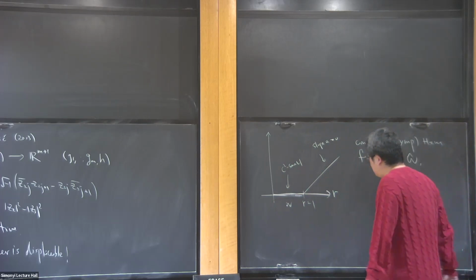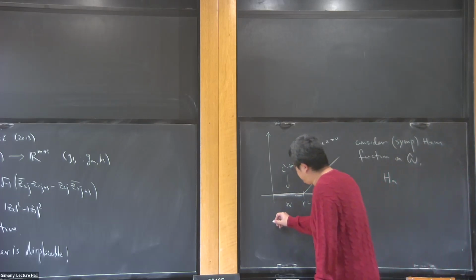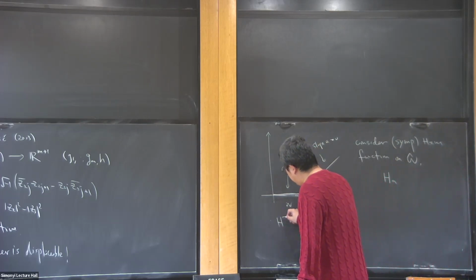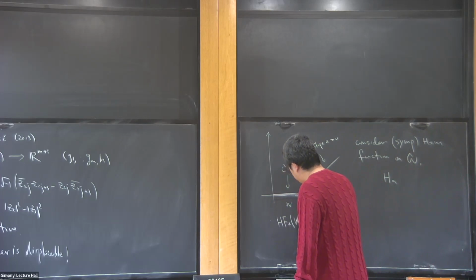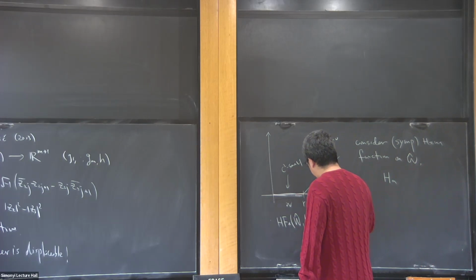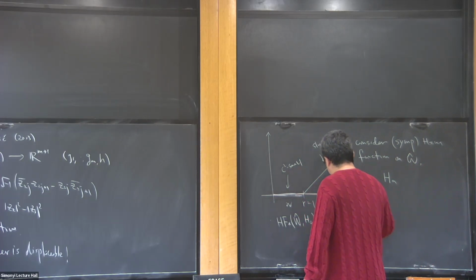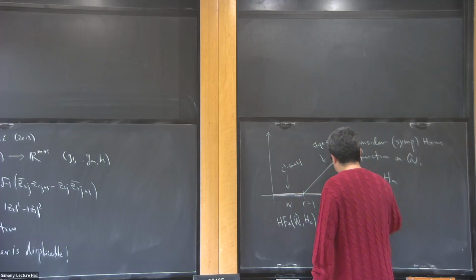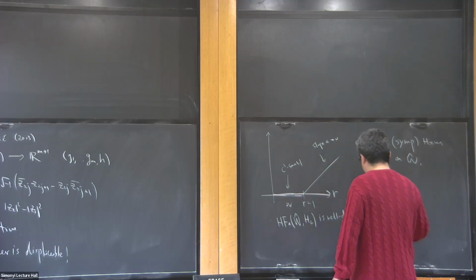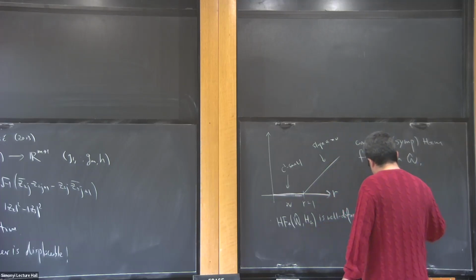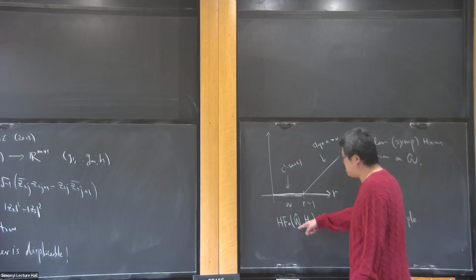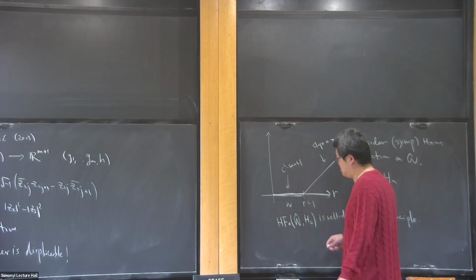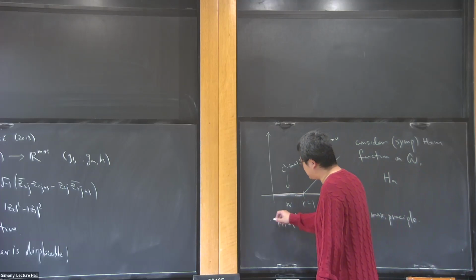Okay, and then there are a couple of things we can write here. For example, the Hamiltonian Floer homology on the completion with this Hamiltonian function H_A is well defined by the maximum principle. Now, this is the non-compact case, so it's certainly not trivial.